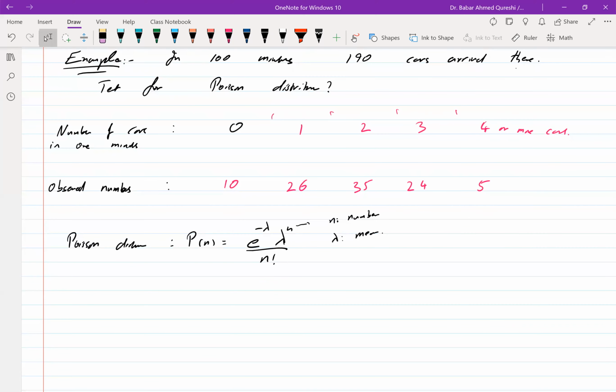The mean we can compute very easily over here. The mean number of cars per minute is 1.9.